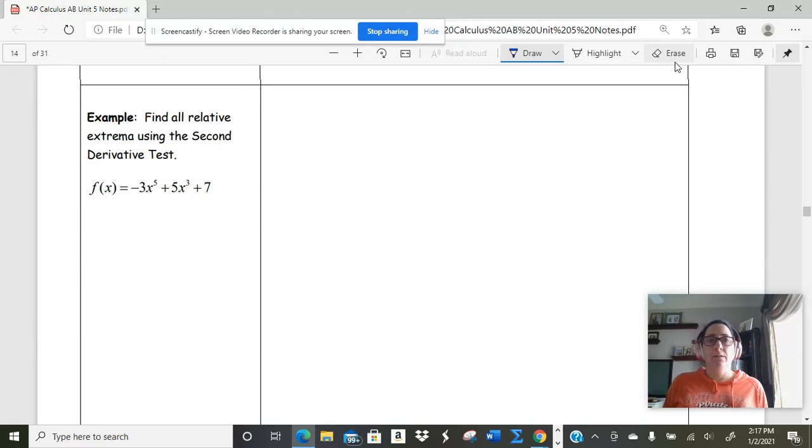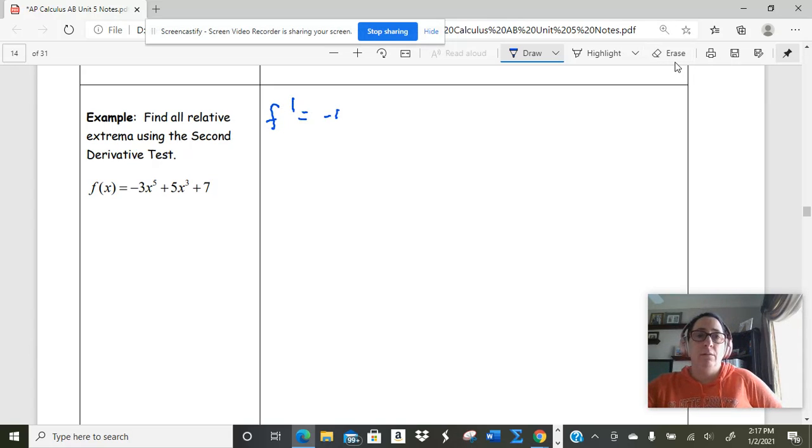All right, so let's see what we can do here with the second derivative. I'm going to take my first derivative, and I'm going to get my critical numbers. Remember, critical numbers are from the first derivative. Let's go ahead and factor.